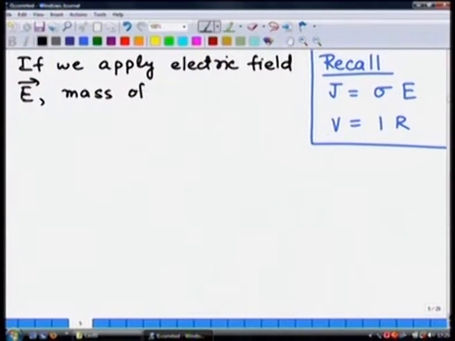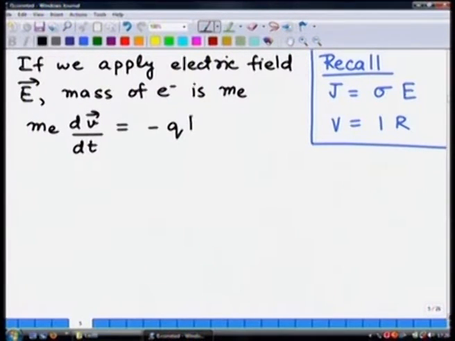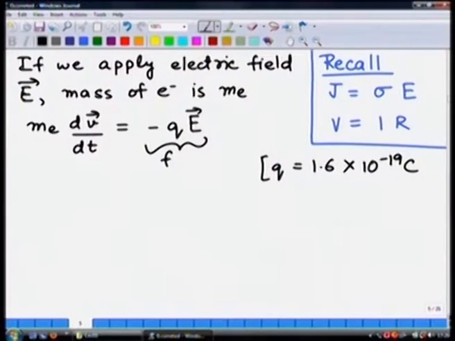If the mass of the electron is Me, then to first order I can write mass of electron times the acceleration of this electron equal to minus q times E, where I put the minus because it is a negative charge, and q is 1.6 times 10 to the power minus 19 coulombs. I would think of this as the force on this electron, and this force is equal to mass times acceleration.